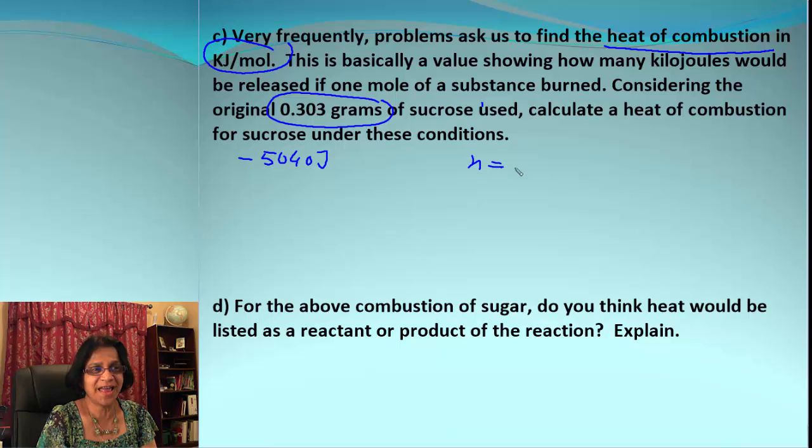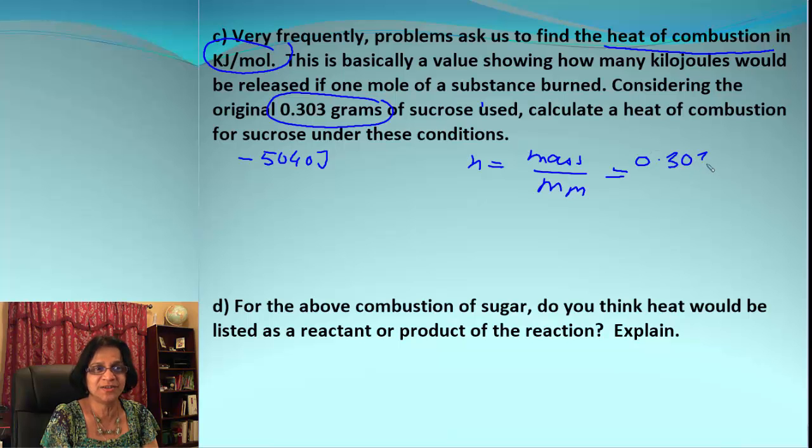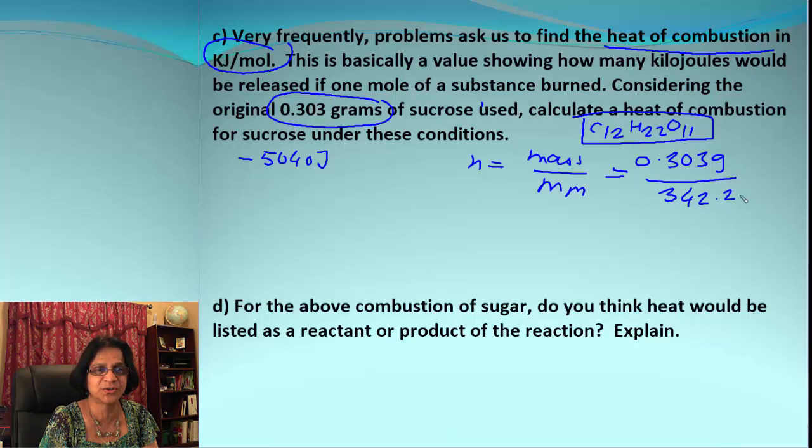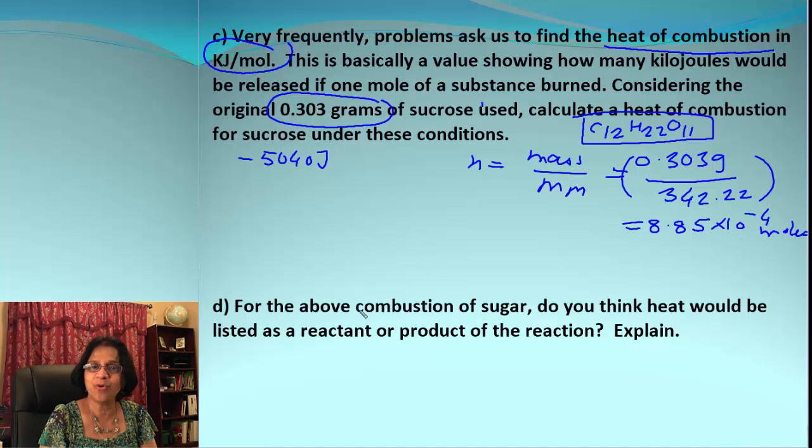First of all, n, the number of moles, is mass divided by molar mass. So sugar is 0.303 grams, and the molar mass for sugar, the formula is C12H22O11, comes out to be 342.22. When we solve that, the answer is 8.85 times 10 to the negative 4 moles.